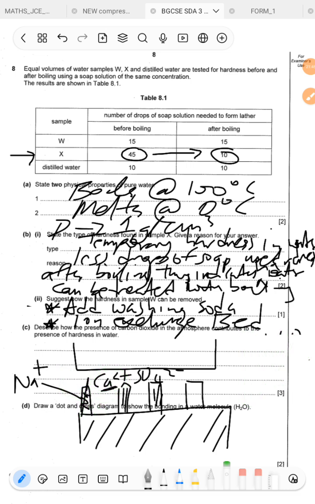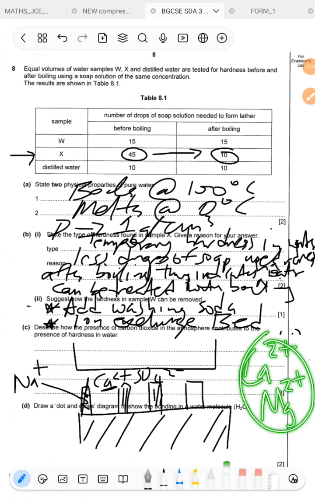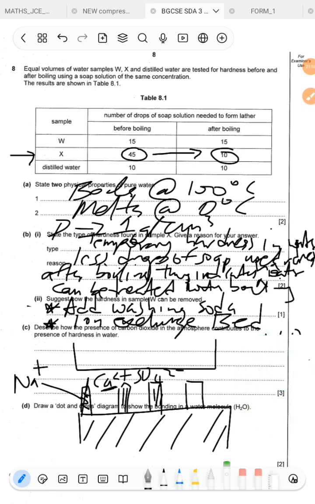By definition, remember, hardness in water is the presence of this ion. We don't want this ion or this ion in the water, as they are responsible for hardness in water.